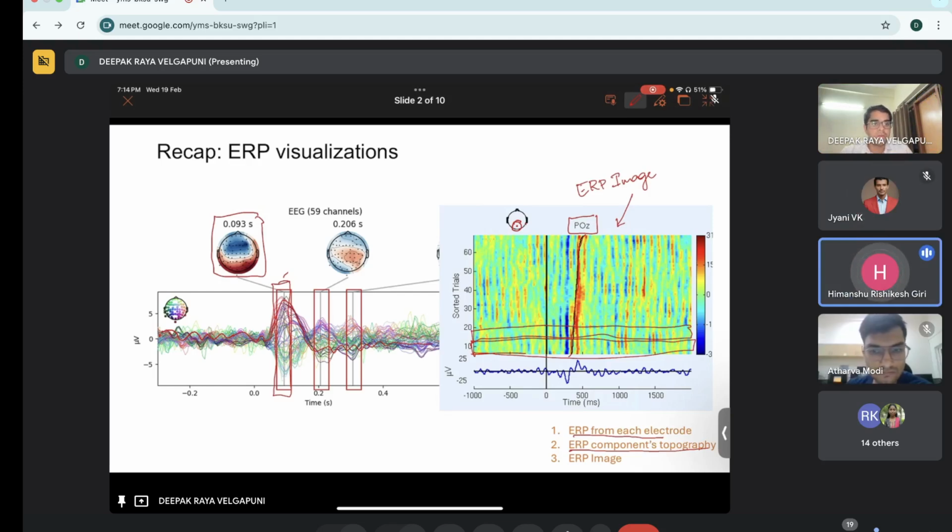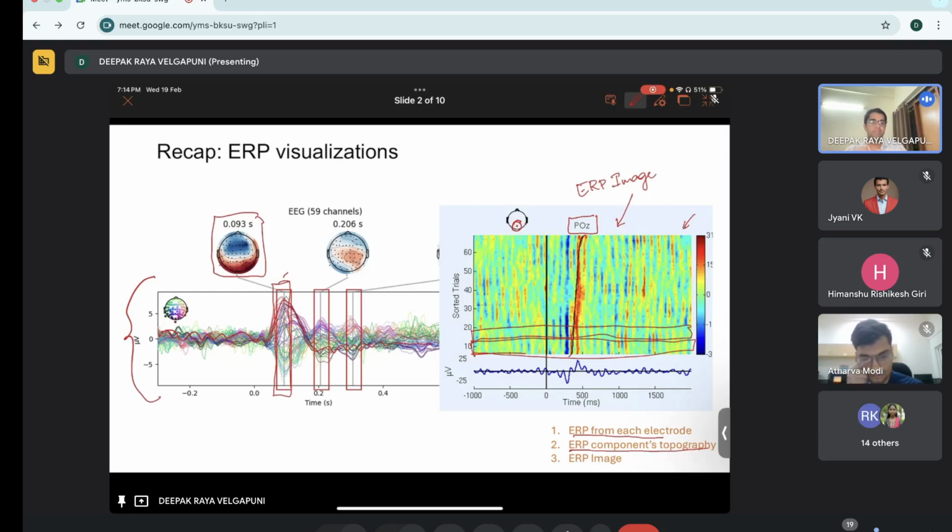Yeah, sure. What do we infer from the ERP image? Okay, so in the average visualization, we are losing what is happening on each trial. It's an average metric across a set of given trials of interest. But we also want to know what events are happening across trials, and if you have some trial-wise metric, how it is changing. So this can show trial-wise dynamics if you don't average.